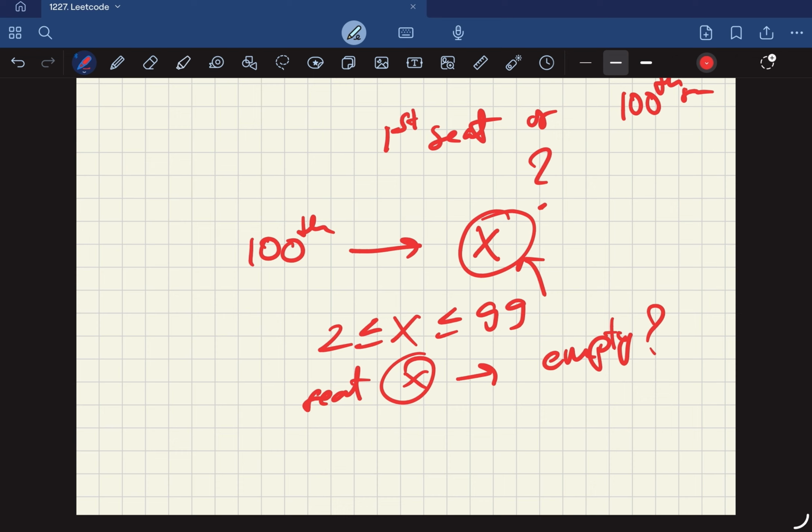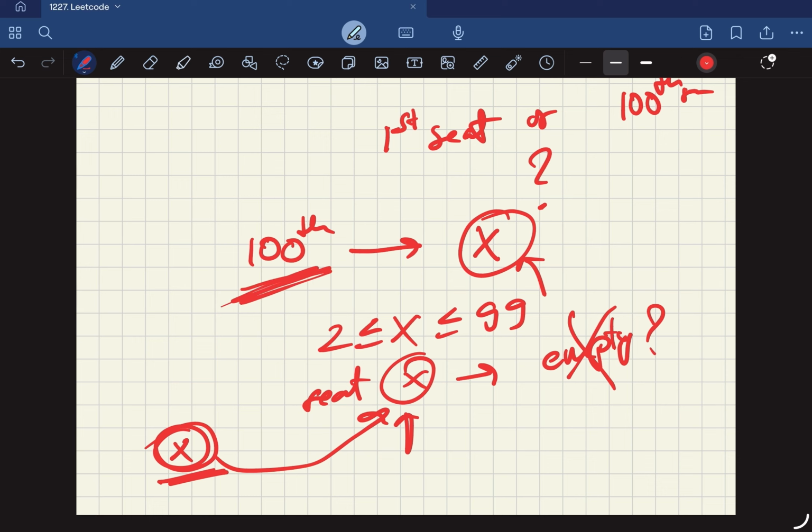But since the 100th person is the last person to come, that means the xth person has already arrived. So as per the problem statement, if seat number x was empty, then this person was supposed to sit on seat number x. That means any x between 2 to 99 is not going to be empty for the 100th person. So there are only two choices, either first or 100th.